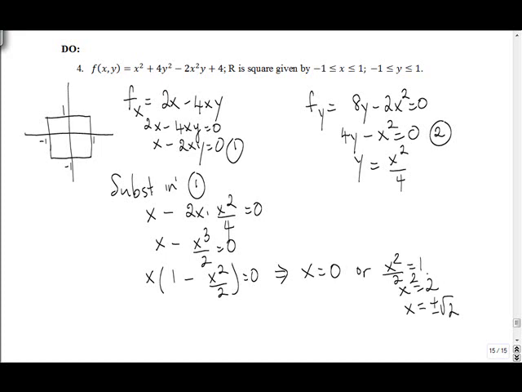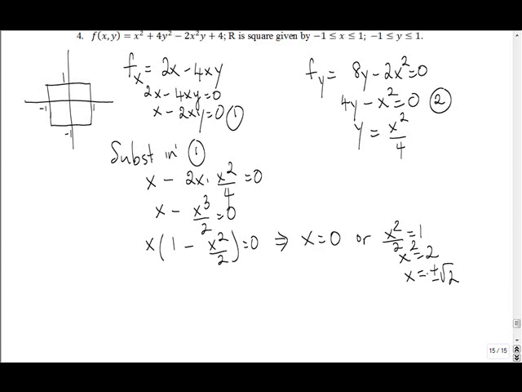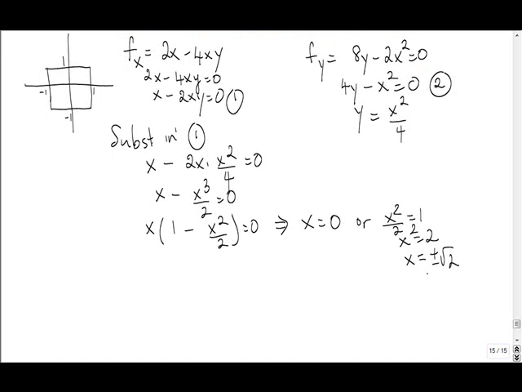So we have quite a few points. Interesting. So we have 3 values for x. For each of these, we need to find what y is. So put it into y equals x squared over 4. So x is 0 implies that y is 0. x is plus or minus square root 2 implies that y is, put it into x squared over 4, that's 2 over 4, which is 1/2.